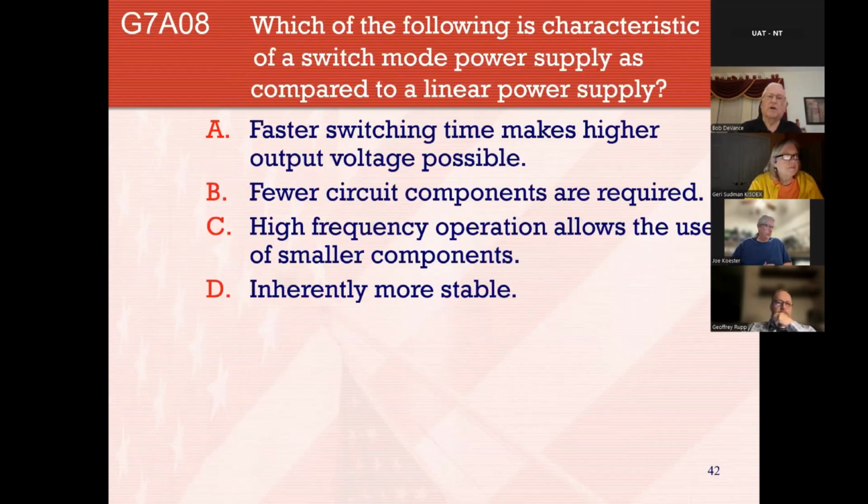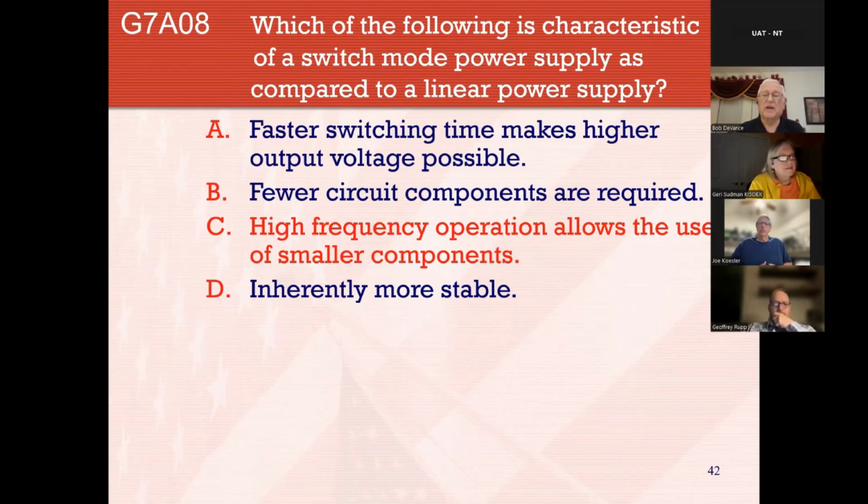Which of the following is characteristic of a switch mode power supply compared to a linear power supply? This is what we talked about earlier. What do you think? Can somebody give me an answer? C. I'm sorry, did you say C? C as in Charlie? Yes. Exactly. The higher frequency of the switching power supply lets us use lighter, smaller, less expensive components.